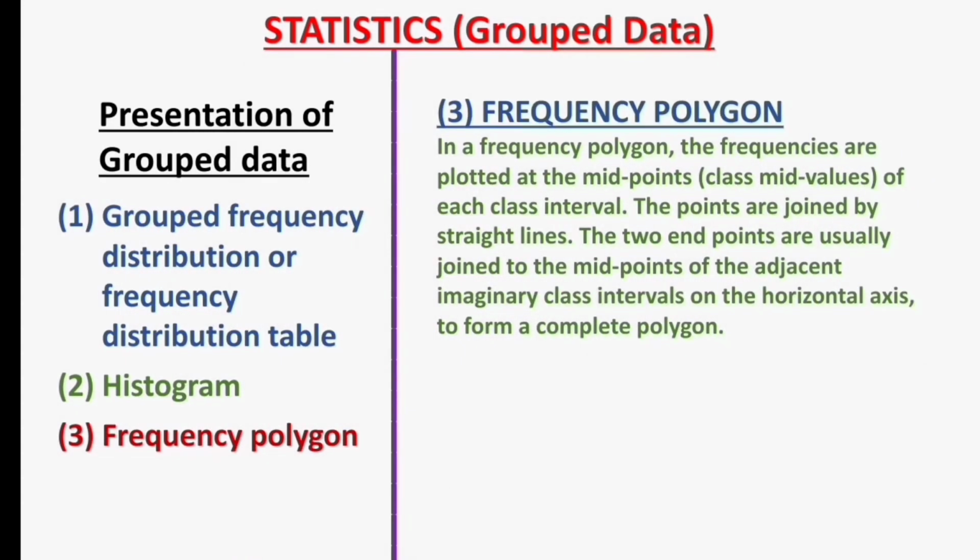Number 3, frequency polygon. In a frequency polygon, the frequencies are plotted at the midpoints or the class mid-values of each class interval. The points are joined by straight lines. The two endpoints are usually joined to the midpoints of the adjacent imaginary class intervals on the horizontal axis to form a complete polygon.